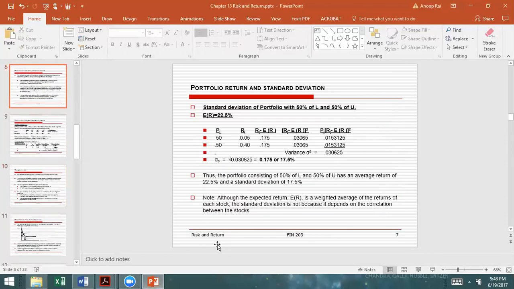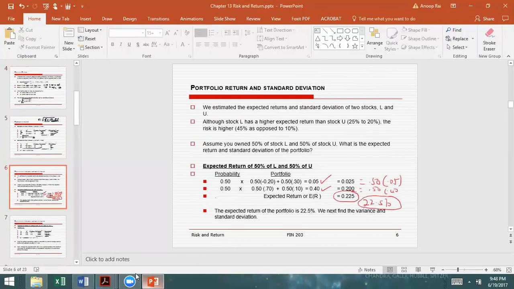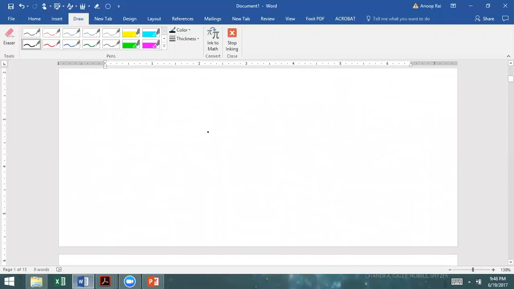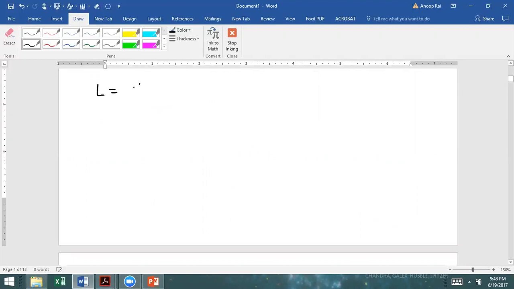Now, what about variance or the standard deviation of this portfolio? So let me go back up here now. So we said stock L has an expected return of 25%. Stock U has an expected return of 25%.